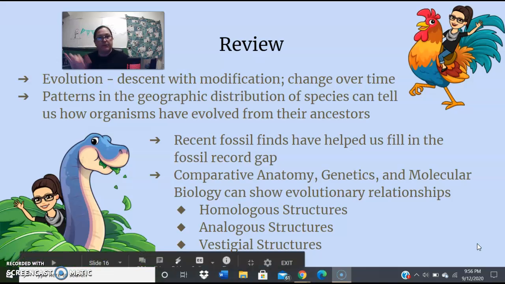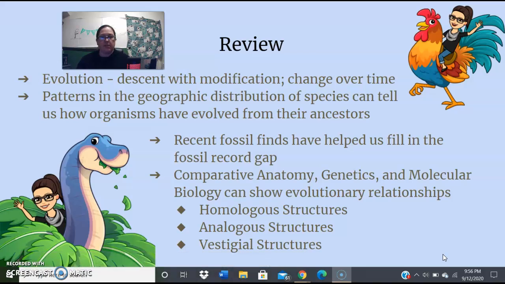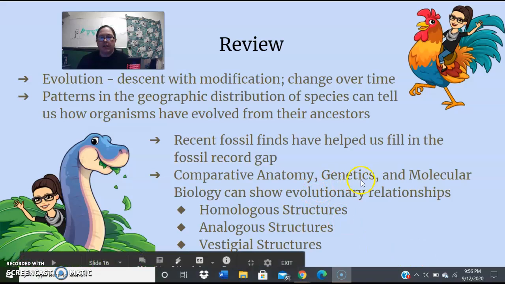All right, wow, let's review. A lot of material. Evolution is descent with modification, change over time. Patterns in the geographic distribution of species can tell us how organisms have evolved from their ancestors. Recent fossil finds have helped us fill in the fossil record gap. Comparative anatomy, genetics, and molecular biology can show evolutionary relationships.